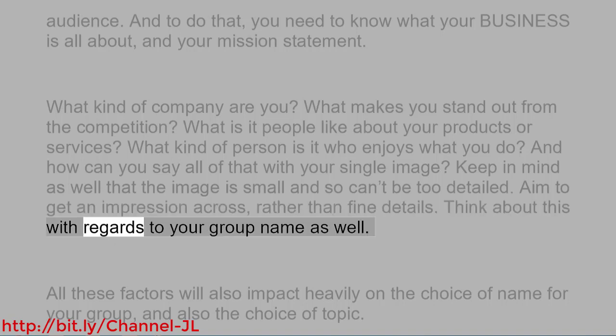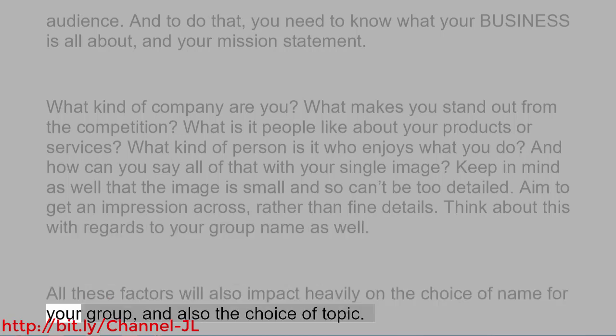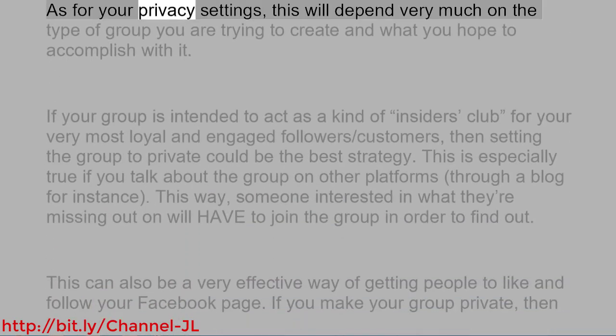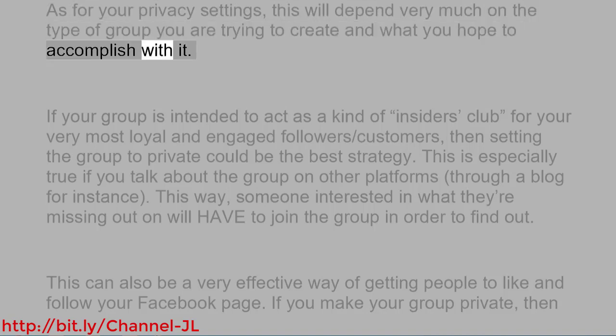Think about this with regards to your group name as well. All these factors will also impact heavily on the choice of name for your group, and also the choice of topic. As for your privacy settings, this will depend very much on the type of group you are trying to create and what you hope to accomplish with it.